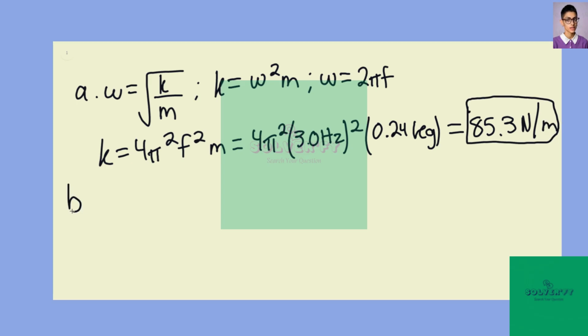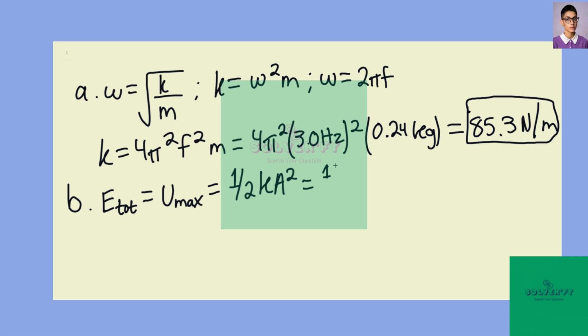And then for part B, when they want the total amount of energy, the total amount of energy associated with the system would be equal to the maximum potential energy. And this would be equal to the maximum potential energy of a spring, or 1/2 times K A squared.